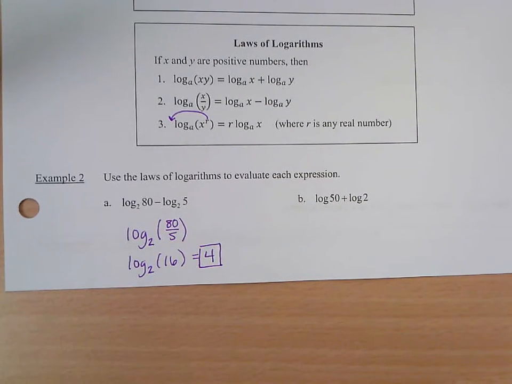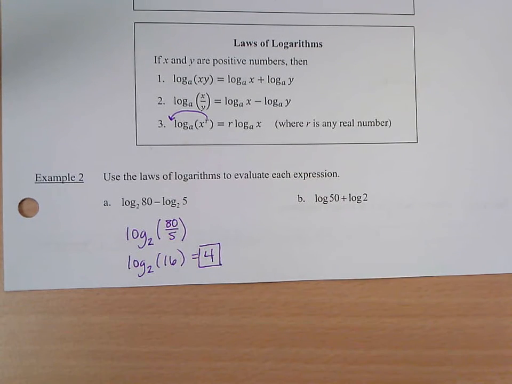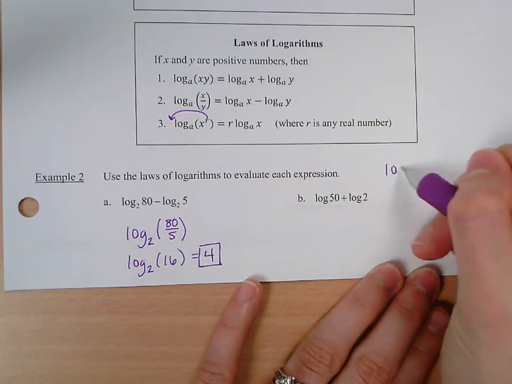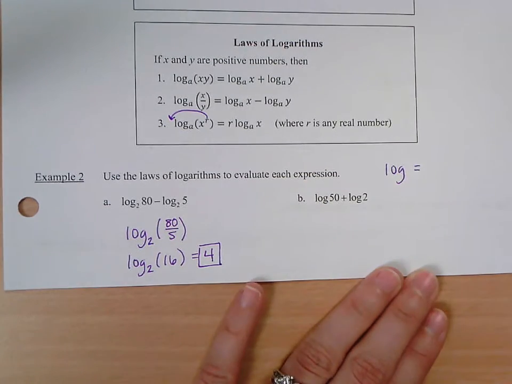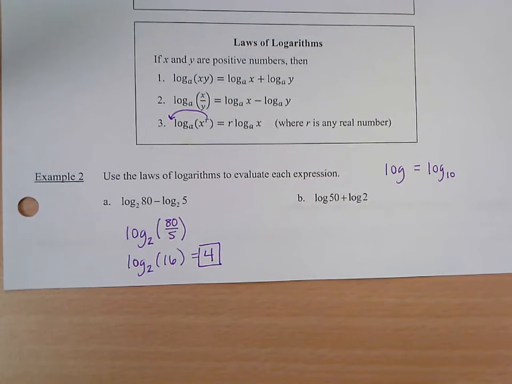Well, what if you see something like this, log of 50, log of 2, what is the base? 10. Yeah, so when you just see log, this is called the common log, so that means log base 10. They don't usually write the 10 in, it's just commonly known that it's the common log, it's base 10.